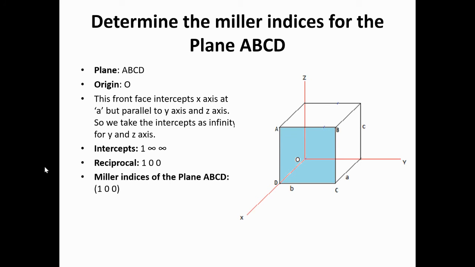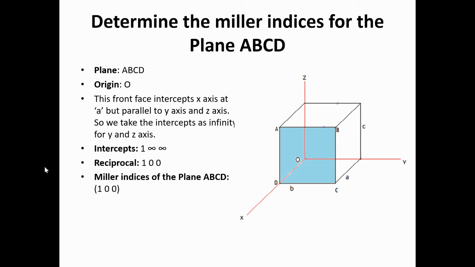So we take the intercepts as infinity for y and z, and for A it will be 1. So the intercepts are 1, infinity, infinity. I think it is clear to you why it is infinity.